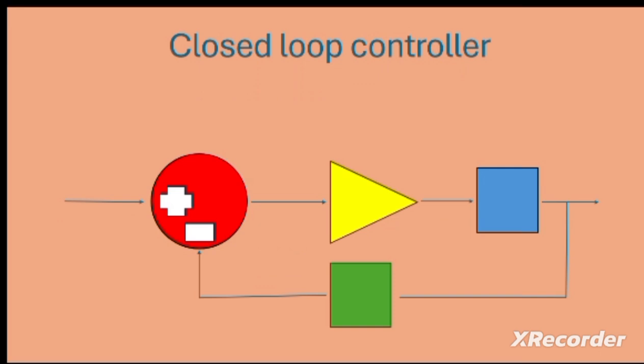The block diagram of the closed loop controller has been shown over here. I of S is our input signal, and it will be provided to the non-inverting input of the differential amplifier.